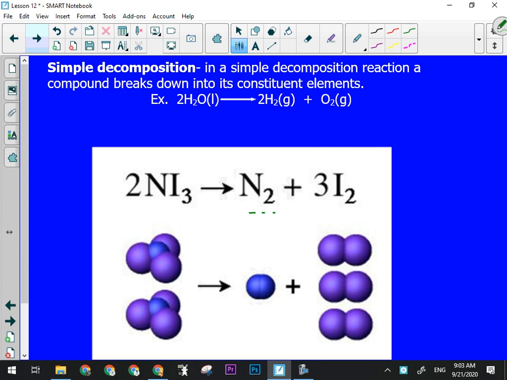Okay. So a decomposition reaction takes compounds and breaks them down into their elements. Okay. These reactions very often produce our molecular elements. So everybody can pull out their periodic table right now. I'm going to just quickly go over the molecular elements.